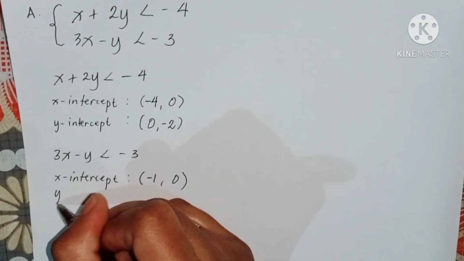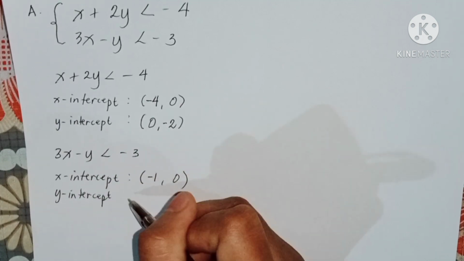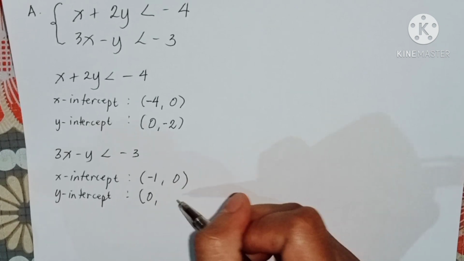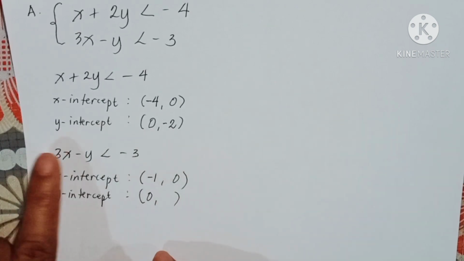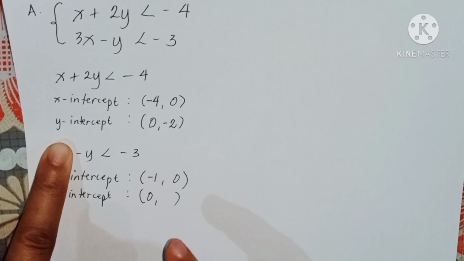And then for the y-intercept, we set x as 0 and then we have y. So negative y is equal to negative 3. Dividing both sides by negative 1, negative y over negative 1 is y, and negative 3 divided by negative 1 is positive 3.